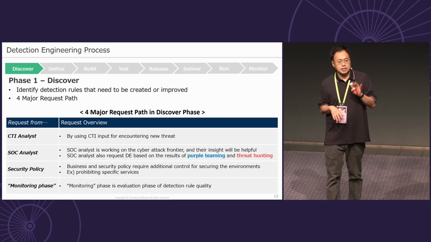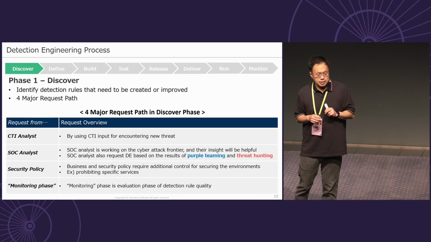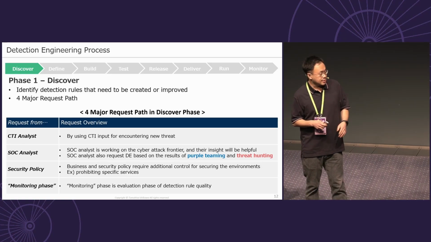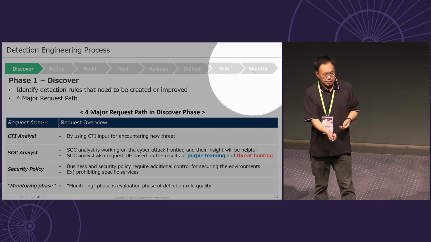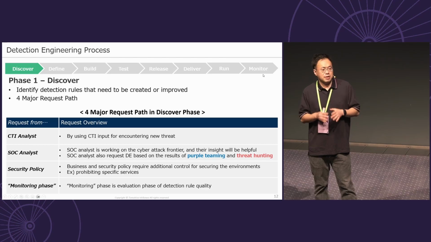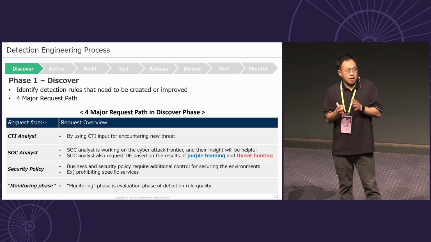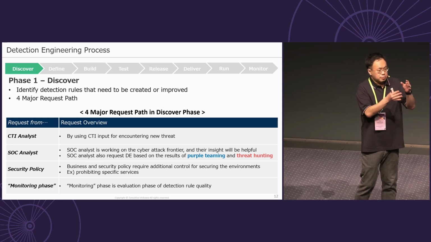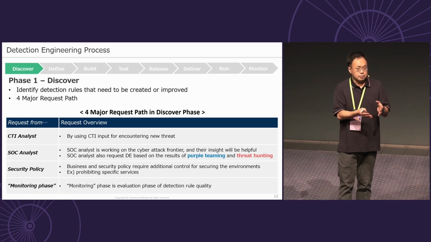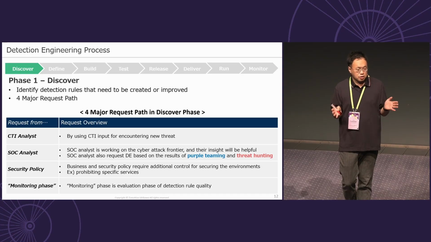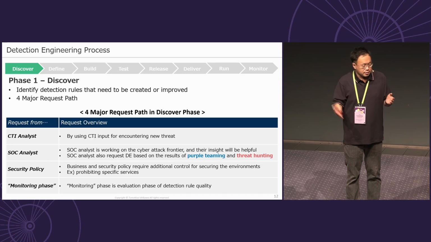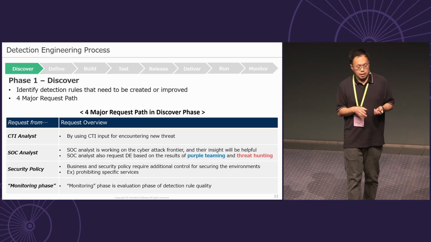And lastly, the monitoring phase, which is actually the last phase here. The monitoring phase evaluates the quality of the detection rule. Based on the evaluation, we input additional requirements. So this process is an iterative cycle.